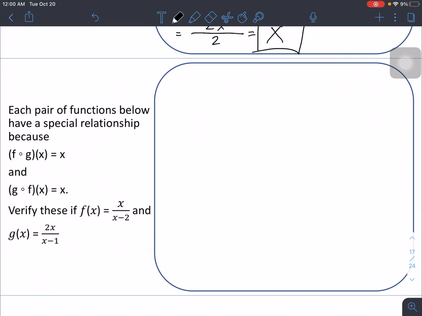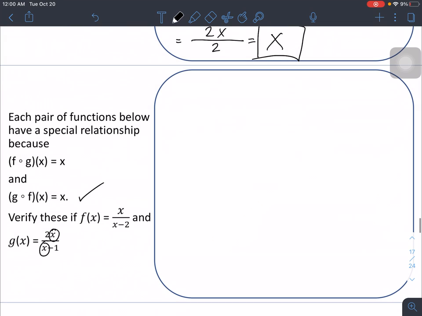Next one, we'll try to prove this second operation. So replace all the x's on this g function with the f of x function. So we will be having g composed of f of x is equal to 2x.